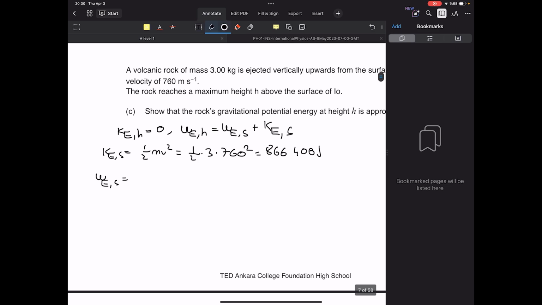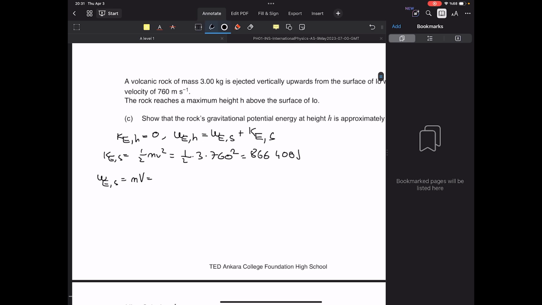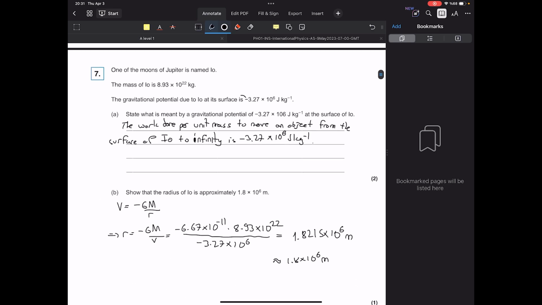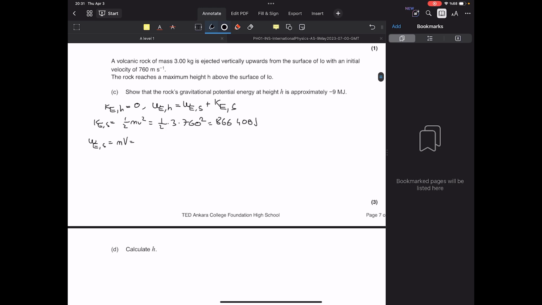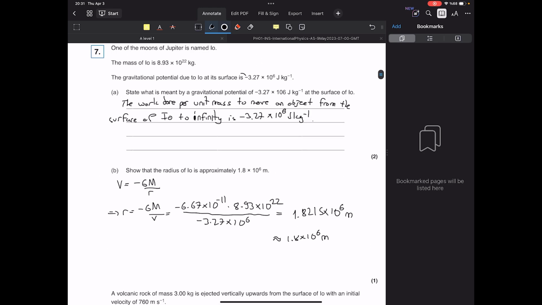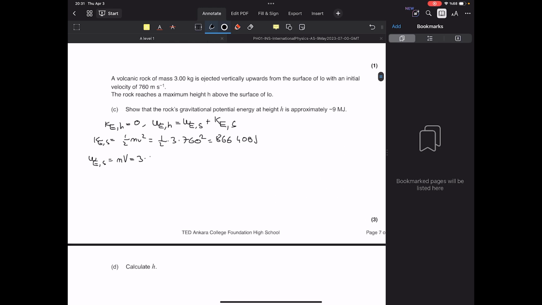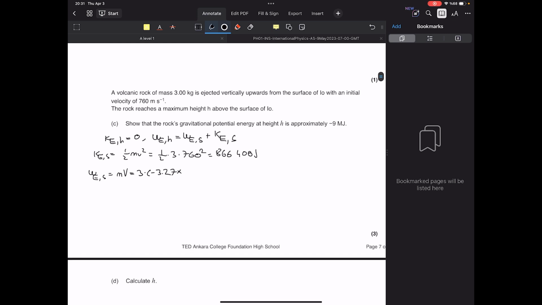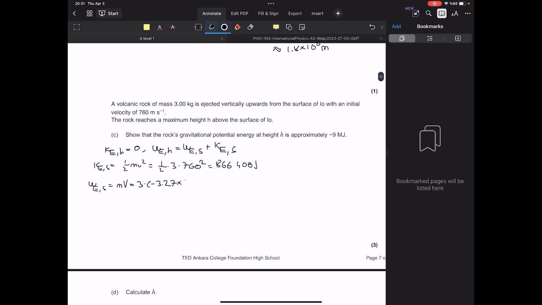So it's simply m times the potential, which is 3 kilograms times negative 3.27 times 10 to the 6 joule per kilogram, which makes negative 9.81 times 10 to the 6.